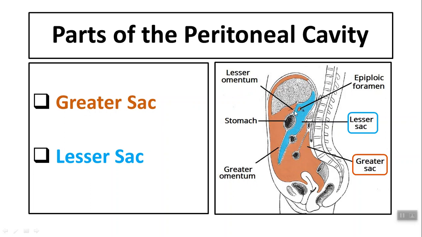The greater sac extends from the diaphragm above to the pelvic cavity below, while the lesser sac is that part of the peritoneal cavity that lies behind the lesser omentum and the stomach, and is bounded superiorly by the diaphragm above and below in between the two layers of the greater omentum. And there is a connection between the greater sac and the lesser sac through the epiploic foramen, or foramen of Winslow.